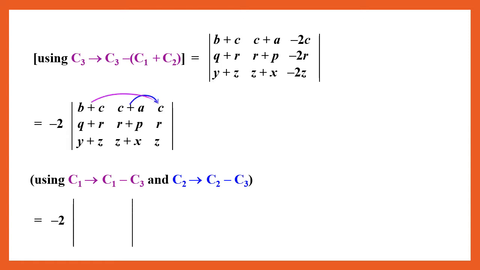C1 minus C3: the first element of C1 is B plus C and the first element of C3 is C, so B plus C minus C is B. Similarly, Q plus R minus R is Q, and Y plus Z minus Z is Y. In the second column, C plus A minus C is A, R plus P minus R is P, and Z plus X minus Z is X. So we are getting minus 2 times the determinant BAC, QPR, YXZ.